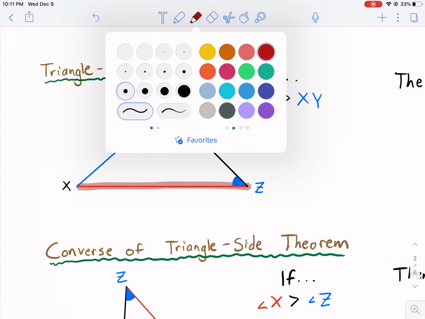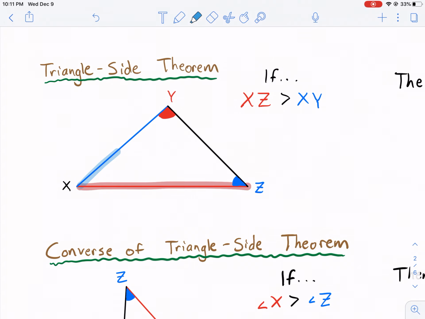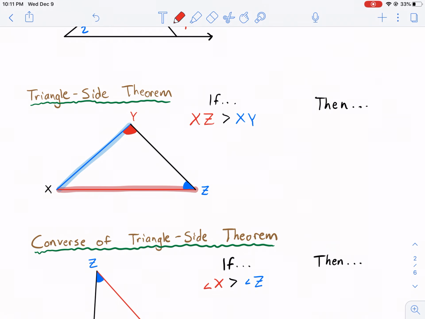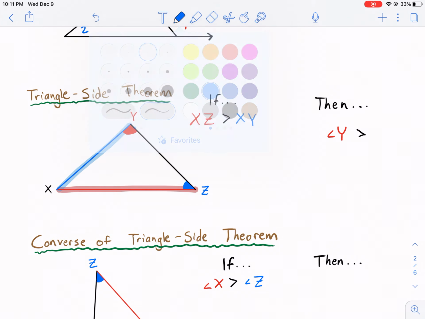If it's bigger than XY, all right? So we got that. Then what else can we say? Well, we can say that angle Y is going to be bigger than, what do you think? Angle Z.